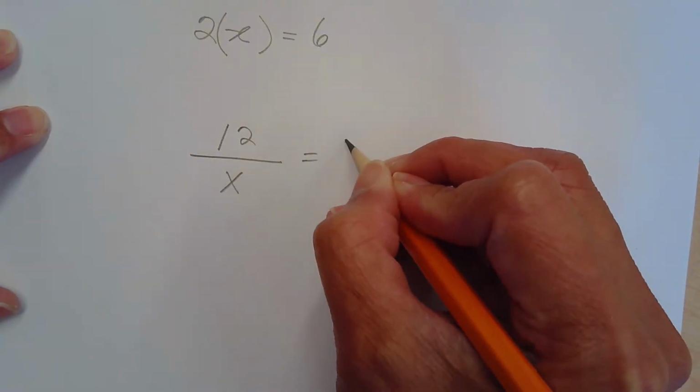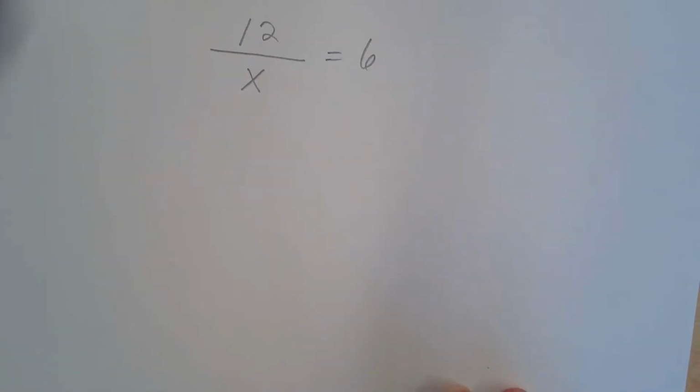You're going to have 12 divided by something, whatever that something is, will give us 6. 12 divided by 6? No, 12 divided by 2. Okay, 12 divided by 2.